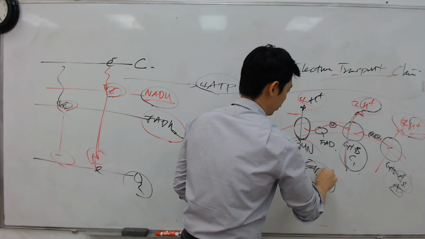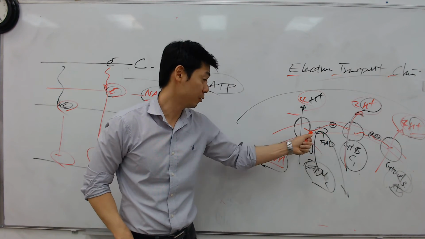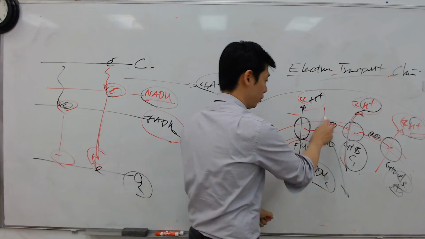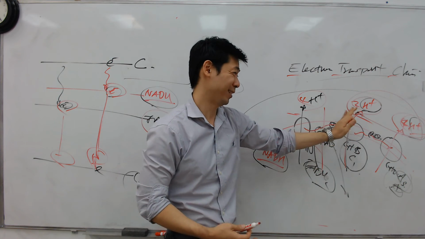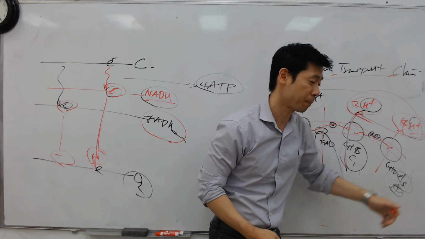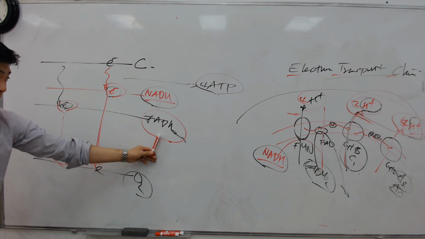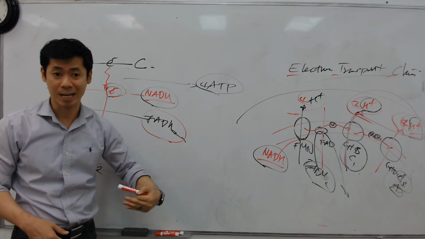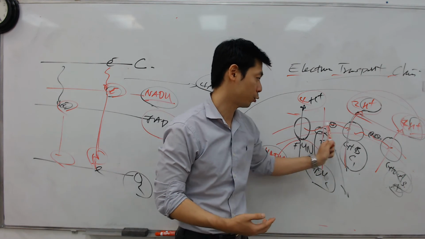FADH2 goes in here, so the electron is given off here, not on this one. Which means they are not giving away 10 H pluses, they're only doing like 6. So the electrons in the FADH2 have less energy, because they're not utilizing the entire electron transfer chain.